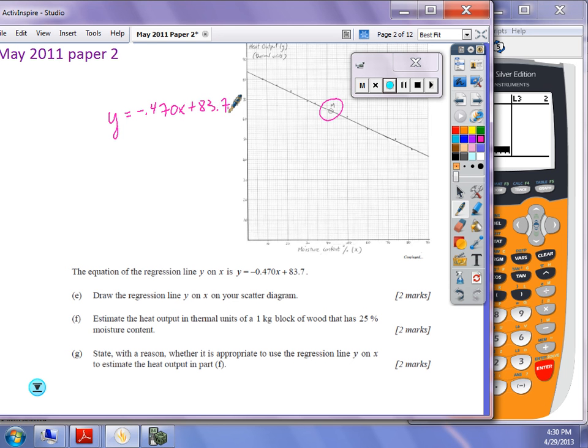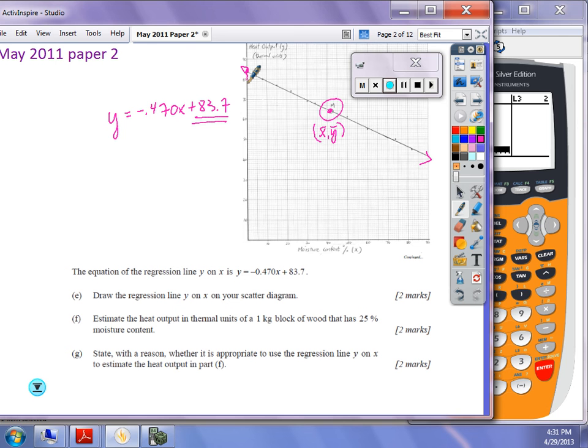You know that the line of best fit, the regression line, has to cross through that x bar, y bar point. You also see where the y-intercept is. So go to 83.7 and mark that point, and use your ruler and draw the line through those 2 points. That's all you need to do to get full marks for that.